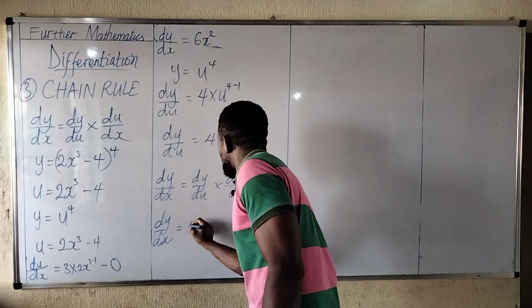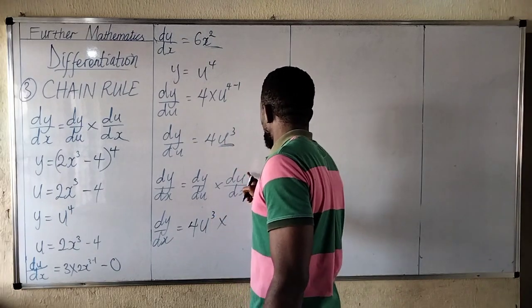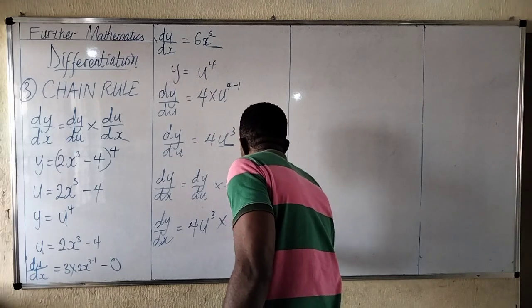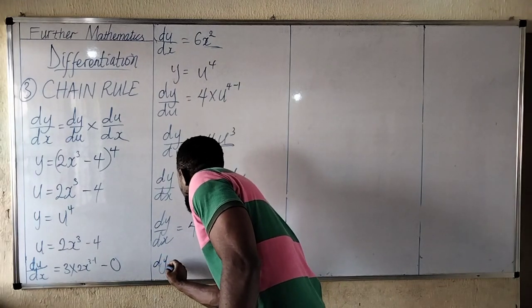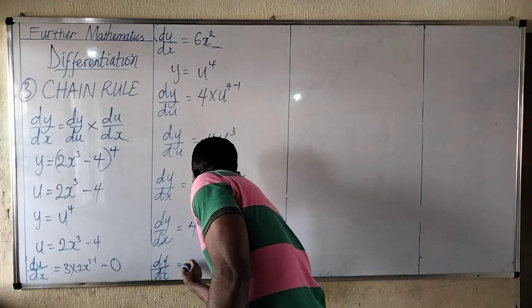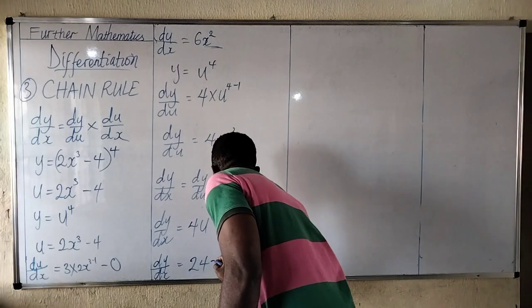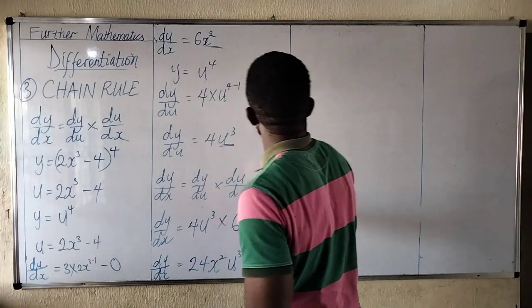See it here, it is 4u cubed times, what is our du over dx? Our du over dx is 6x squared. So when we multiply this, we have our dy over dx as 4 times 6, 24x squared u cubed.